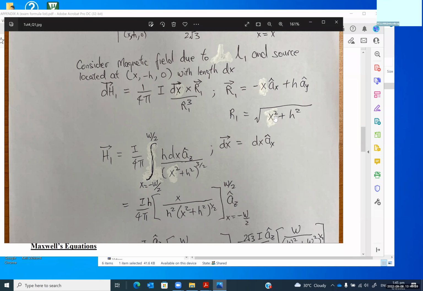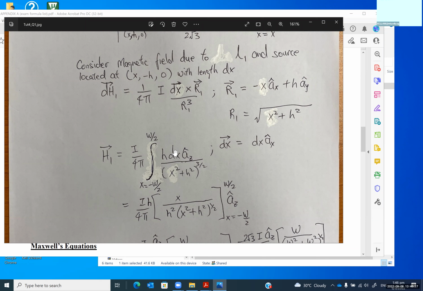Then next is this cross with this. aX cross with aY is aZ. So we have the aZ direction, and the scalar part is dx times h, or h dx, up to you which order you want to put it.